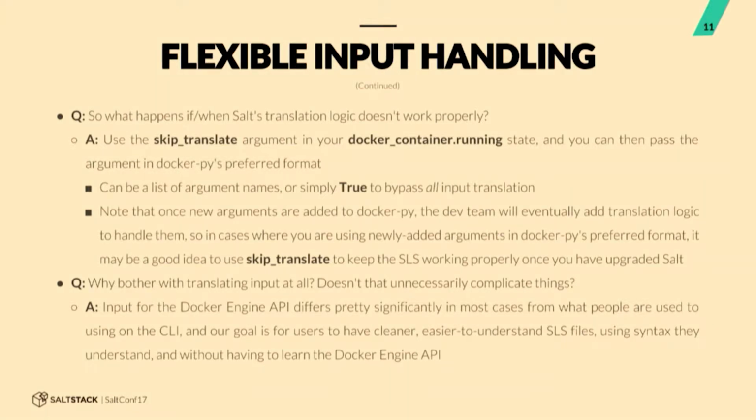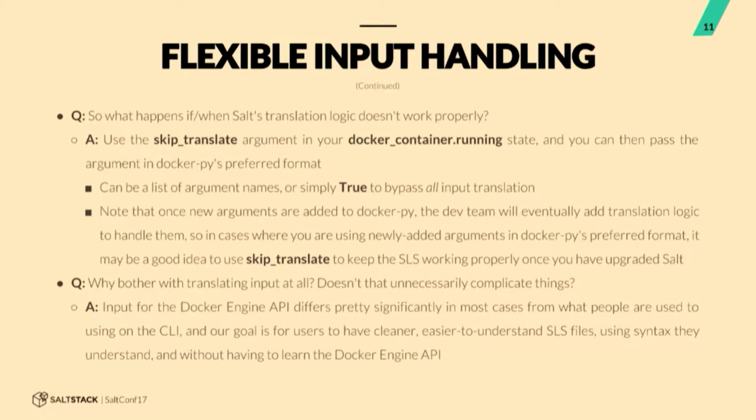After hearing me say that we're translating your input into a different format, I anticipate the first question is, what happens when we don't translate it properly? The way that we can work around that is by using the skip_translate argument. This is also new to 2017.7.